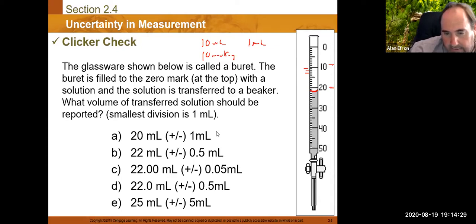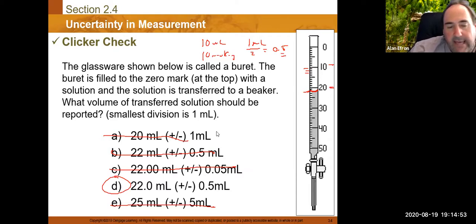We definitely know that we can then divide this by 2 and go to the first decimal place. So that should eliminate this guy. That should eliminate that guy. And that should eliminate that guy and this guy as well, which means we should end up as something like 22.0. And again, it may be hard to see, but it's somewhere around that second dash.